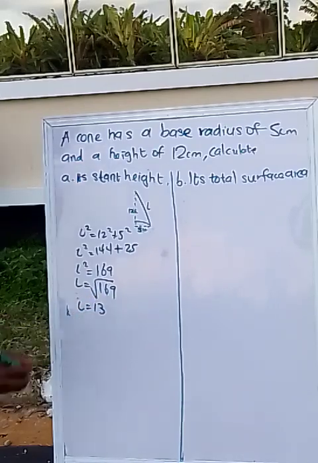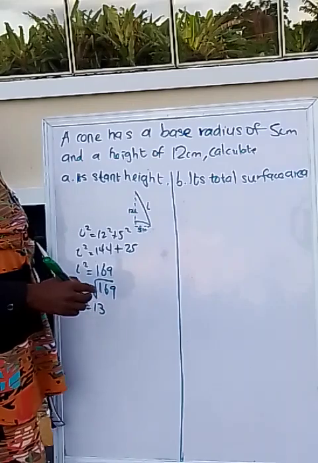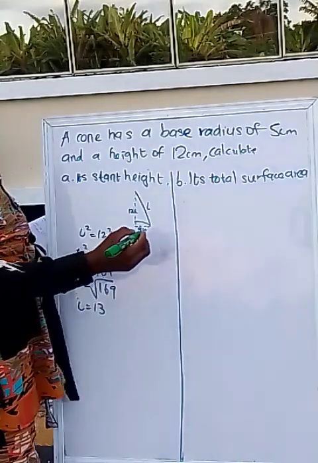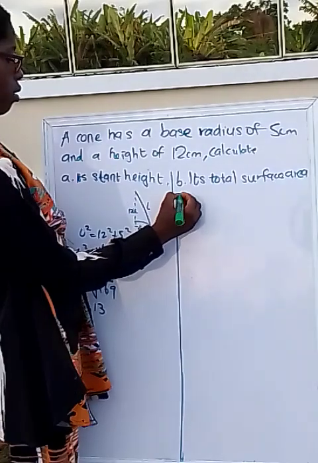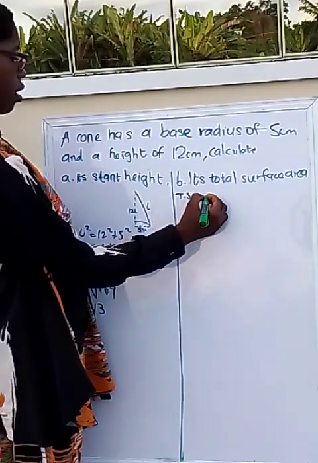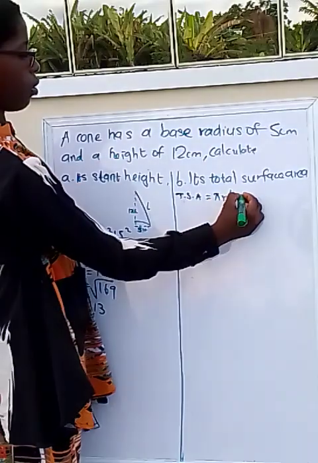So now to calculate the total surface area of a cone, that is the B aspect. Total surface area is equals to pi r L plus pi r square.